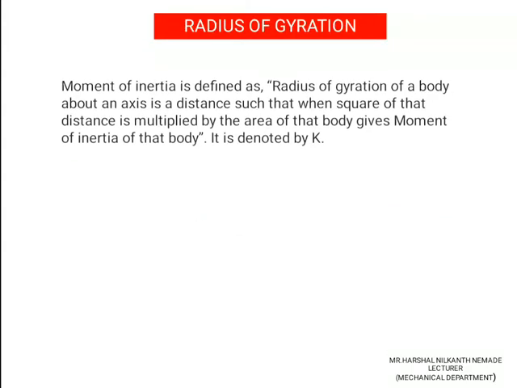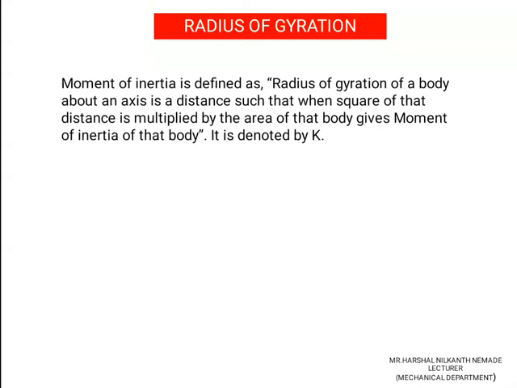Radius of gyration. Radius of gyration of a body about an axis is a distance such that when its square is multiplied by the area of the body, it gives the moment of inertia of the body, and it is denoted by k. It is given by I is equal to A multiplied by k square.